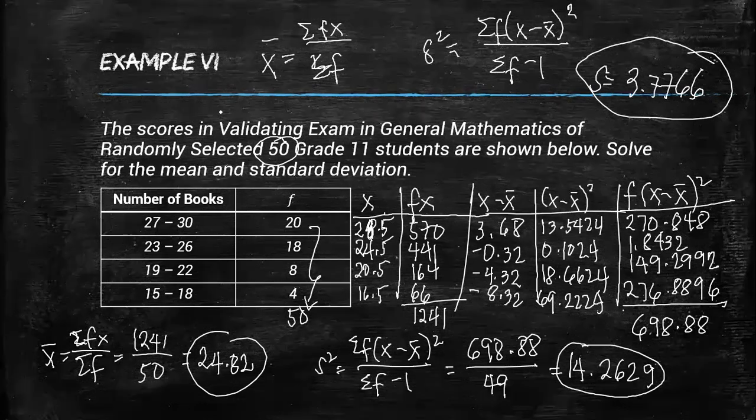So yun talaga nakakalito. More of practice lang talaga yun siya class. Ako nalilito din ako minsan. Don't worry. Pero make sure you double check your answers. Kung di tayo sure, the best way to check is to double check our answer.